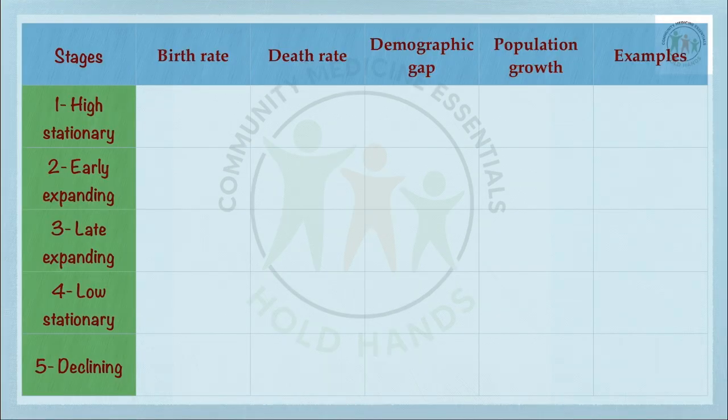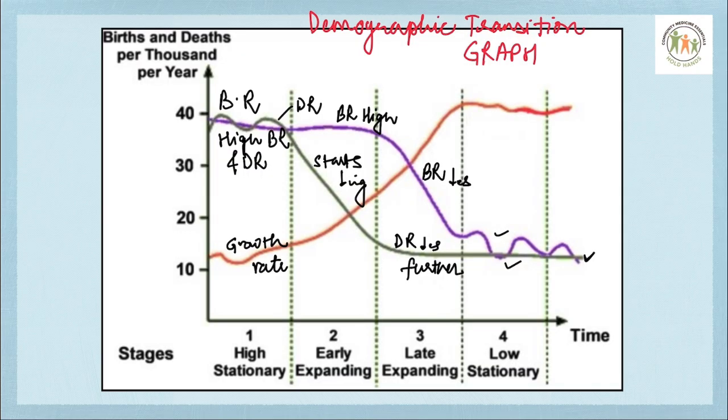Now we will summarize these stages in this table. For each stage, we will discuss birth rate, death rate, demographic gap, population growth, and examples. So students, what is demographic gap? It is the difference between birth rate and death rate in the demographic transition graph. As you can see, in stage 1, demographic gap is narrow.